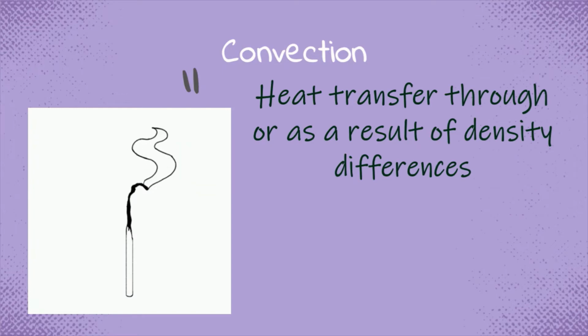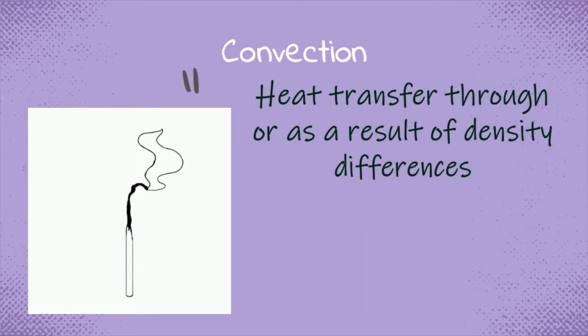Convection. This is heat transfer through or as a result of density differences. For example, let's grab the match and let's think about this. We all know it is probably not the best idea to hold your hand above an open flame, and that is because a lot of the heat energy generated by that flame is going to rise.